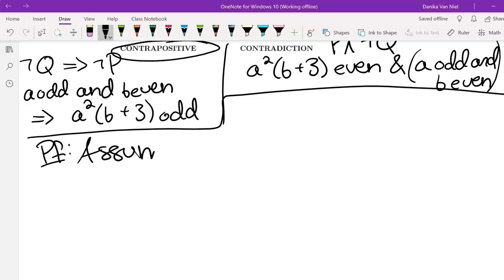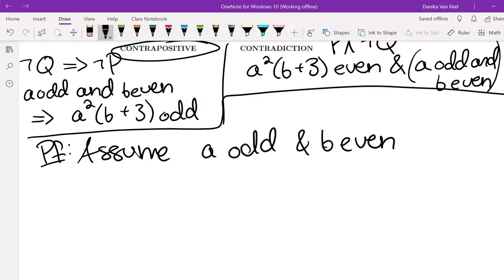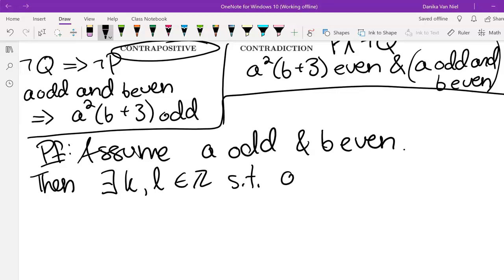Assume, because remember we assume the if part, because if the if part is false, then what we're trying to prove is already true. So we assume A is odd, B is even. So now we're going to talk about the definition of that. Then there exist some K and L in the integers such that A equals 2K plus 1, and B equals 2L, let's say. (Sorry, I don't know if you could tell, but I'm sitting outside.)